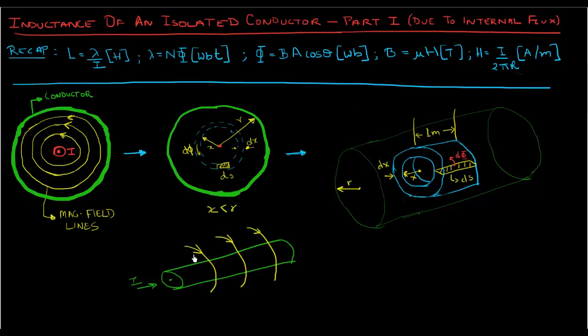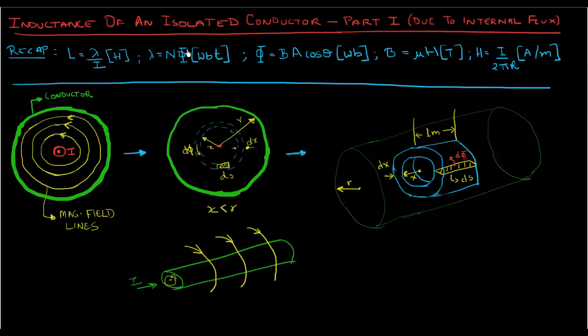But not only are there flux lines external to the conductor, there are flux lines internal to the conductor as well. So there'll be flux lines in here as well, which is what I've drawn out here. In this case, I've imagined the current coming out of the screen, and therefore we have the flux lines going in the counterclockwise direction. And that's going to be our focus today, just the flux lines in here.